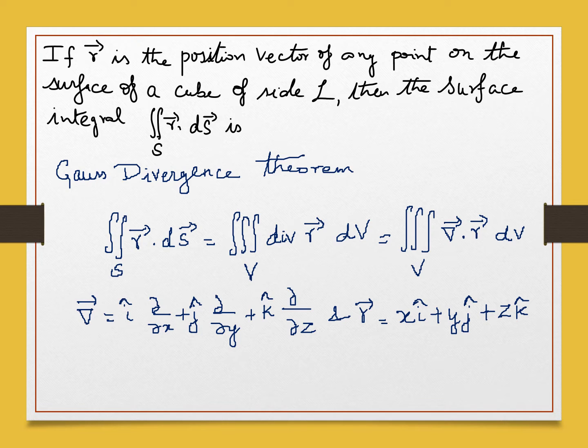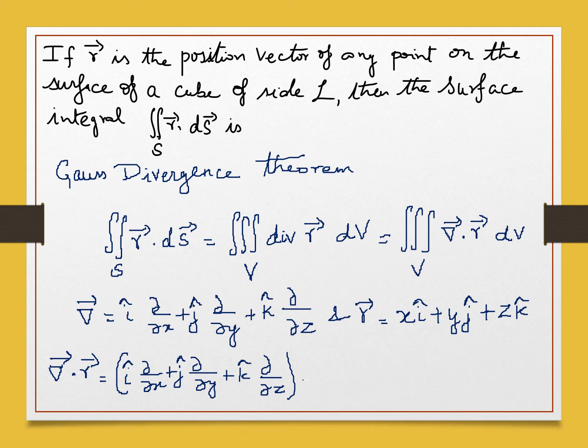So now we will be finding del dot R, that is (i cap ∂/∂x plus j cap ∂/∂y plus k cap ∂/∂z) dot (x i cap plus y j cap plus z k cap).